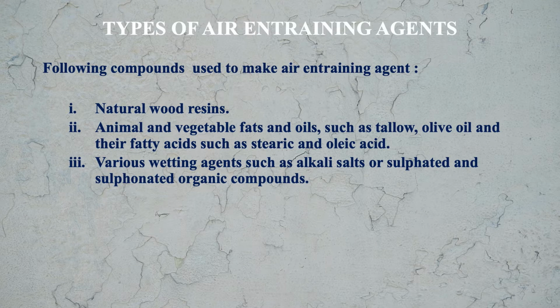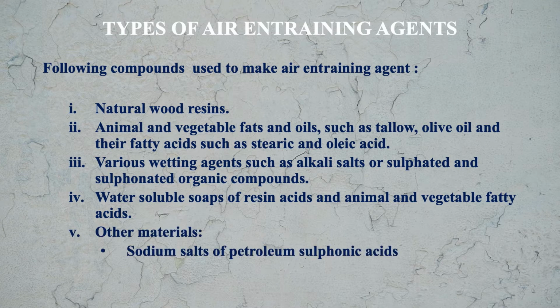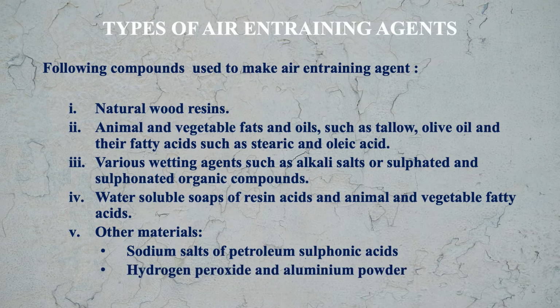Water soluble soaps of resin acids and animal and vegetable fatty acids are also used. Some other materials used as air entraining agents are sodium salts of petroleum sulfonic acids, and also hydrogen peroxide and aluminium powder.